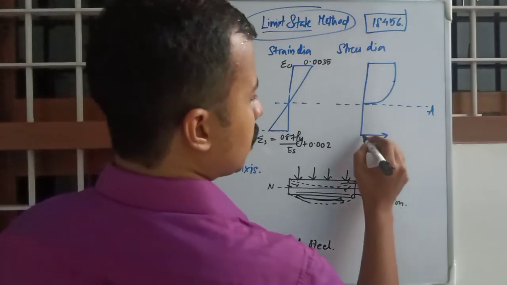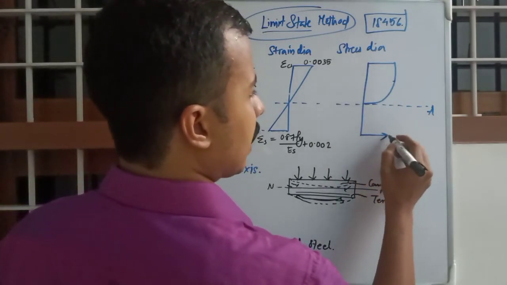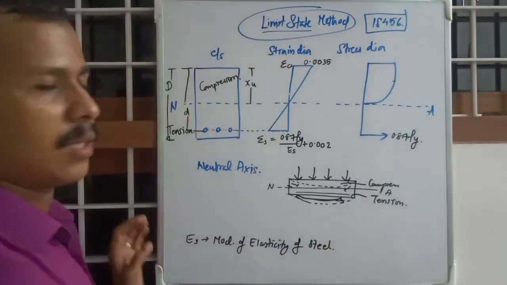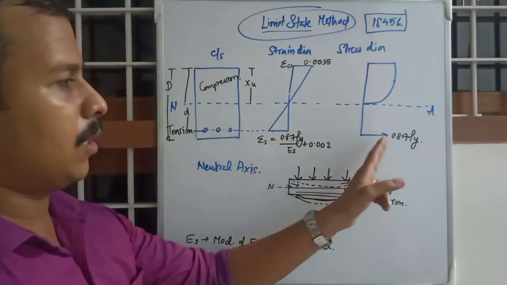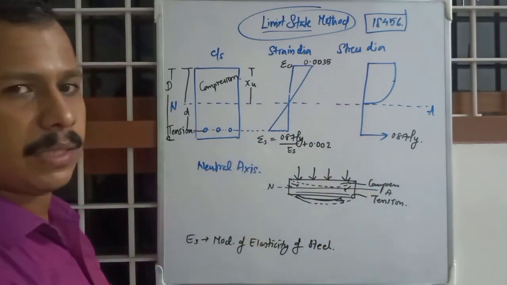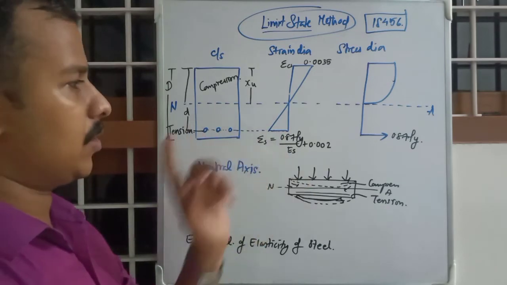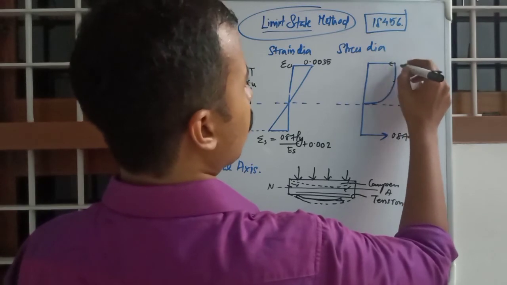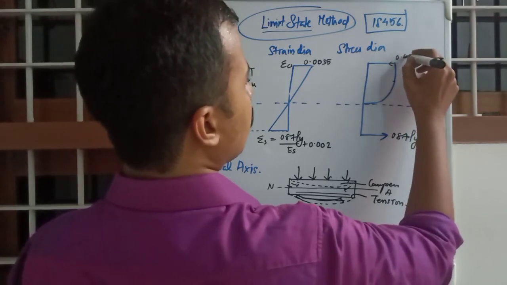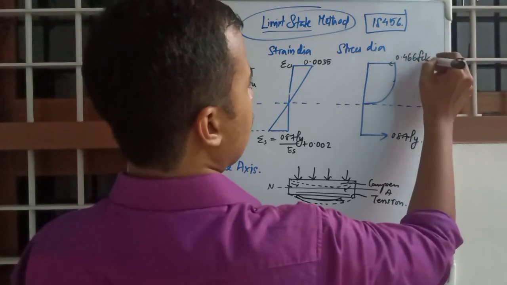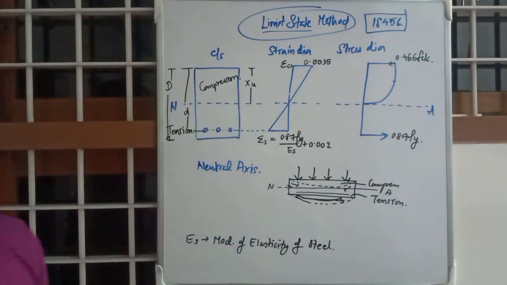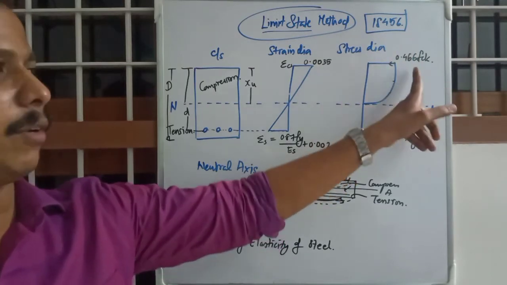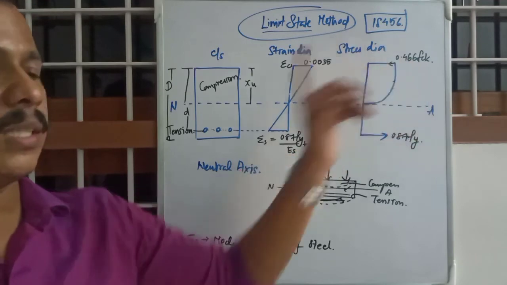And we assume the tension force acting as 0.87 Fy, that is the design strength of steel. 0.87 Fy is the strength of steel, and at this maximum point it will be 0.466 Fck, as we have discussed last time. Fck divided by 1.5 divided by 1.5 gives 0.466 Fck.